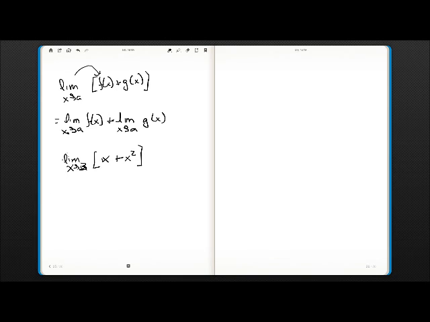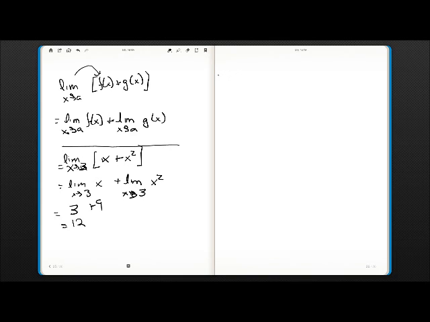Now we can simplify that using this property: the limit as x approaches 3 of x, and we can split that up for the x squared, the limit as x approaches 3 of x squared, and we can simplify that even further as we did before by bringing the square outside the limit. We already know the answers to these, so I'll skip that step. It'll be 3 plus 9, which ends up being 12.